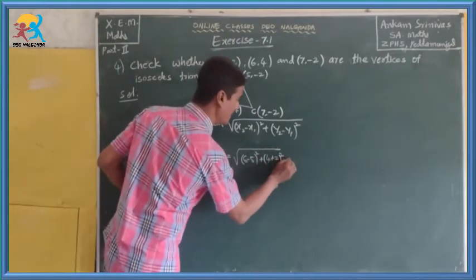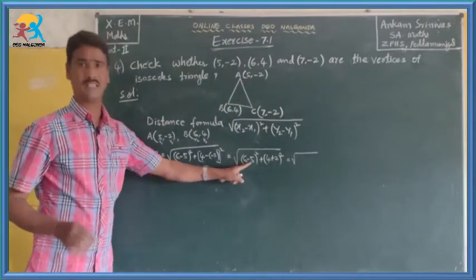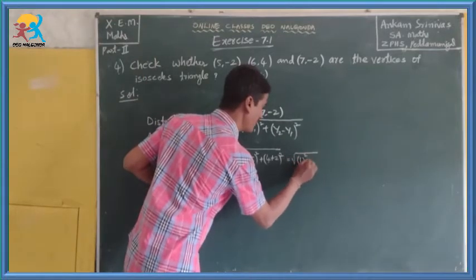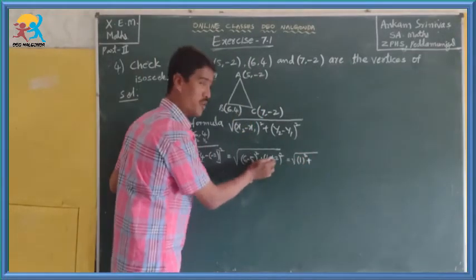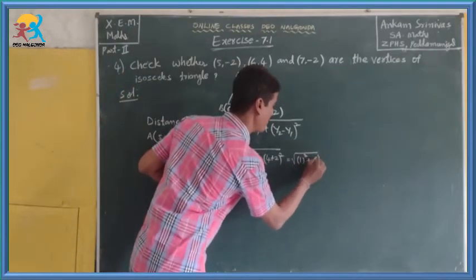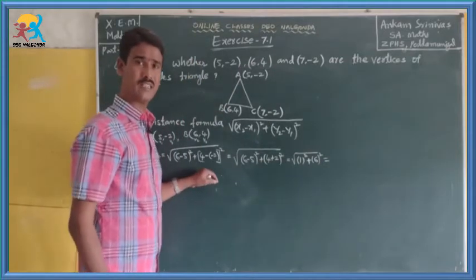So then we will get square root of 6 minus 5, which is 1 square, plus 4 plus 2, which is 6, whole square. 1 square, how much? 1 into 1 is 1.